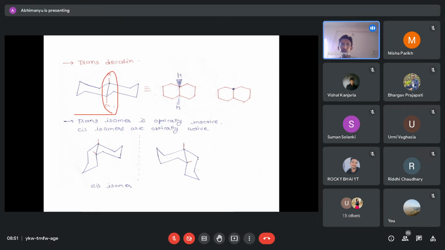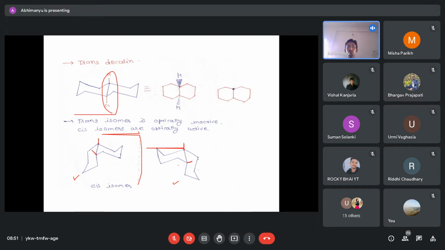Now many students have the doubt: what does ring flipping mean? Here, in the last two examples, you can see 1 axial 2 equatorial. Again it converted into 1 axial 2 equatorial. So what is the difference between these two structures? Actually both are mirror images of each other.